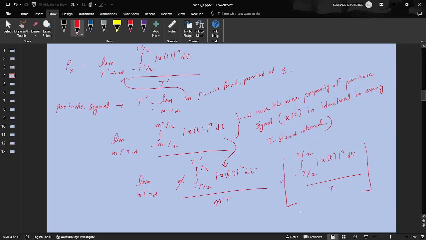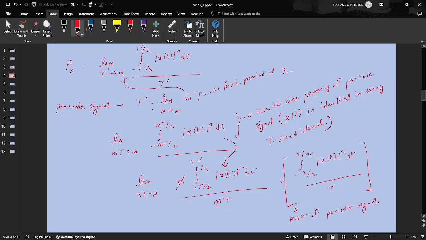So this here is the power of a periodic signal. The good thing is, for any general signal which is not periodic, you have to compute the power of x(t) over the interval minus T dash by 2 up to T dash by 2.